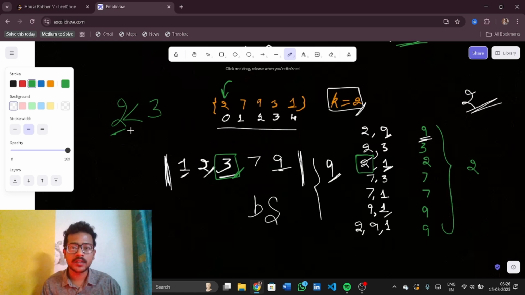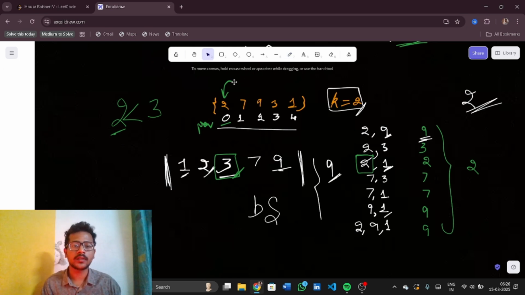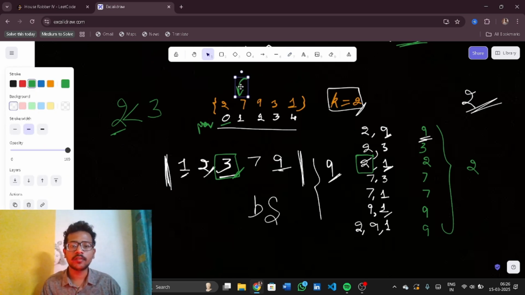Now, if I consider 2, the previous index is 0. Now I get to 1. If I take the difference 1 minus 0, it is not greater than 1, so I'll skip this. What does that mean? The previous index where I robbed the house and the current index 1 are adjacent, so I can't take it.